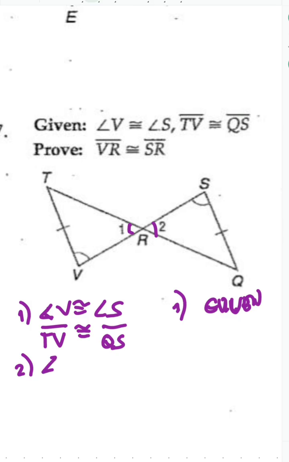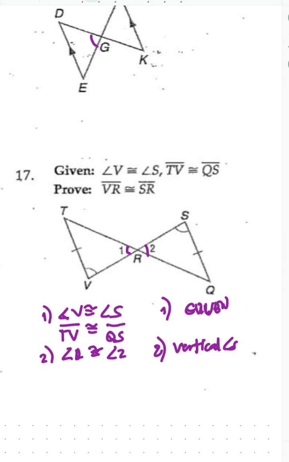Then angle 1 is congruent to angle 2, because they are vertical angles. Number 17. Yeah, they're vertical angles. Then we already have angles and a side.